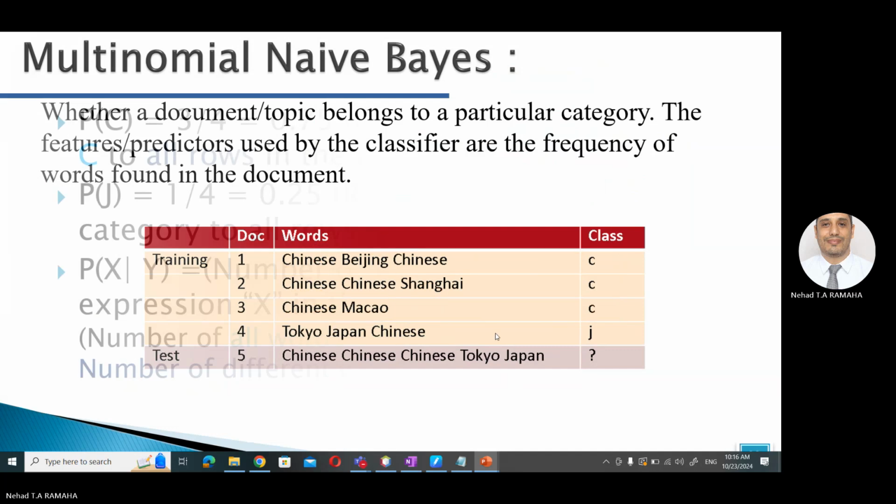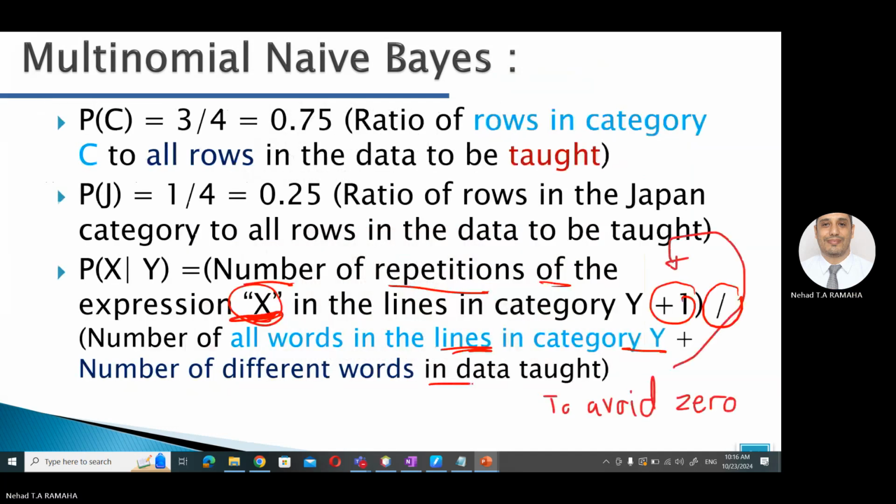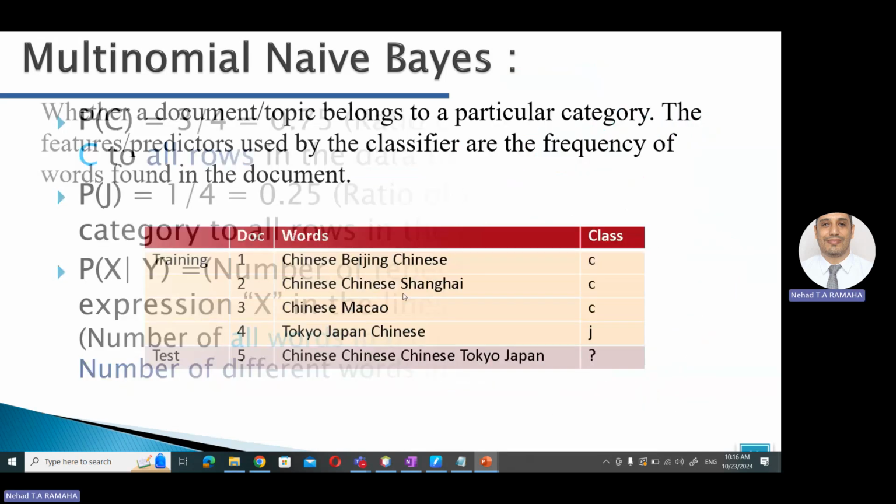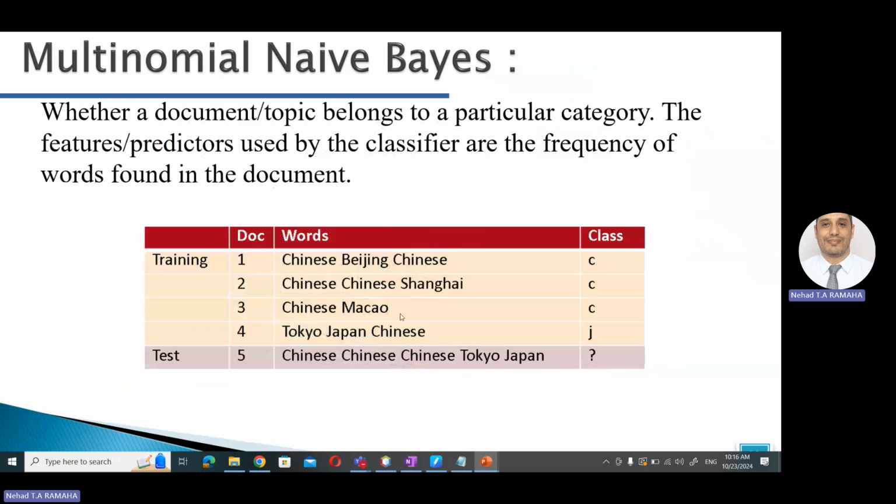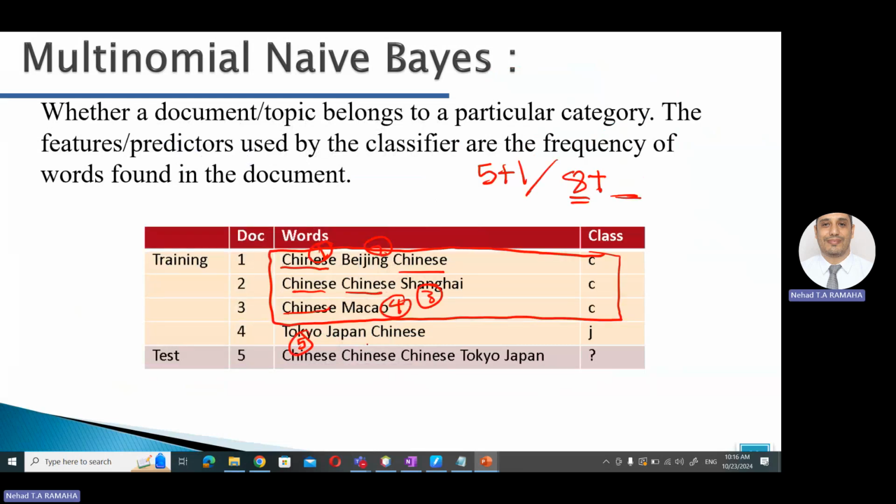Here, for what? In the data, in the whole training data. So continue, don't stop here. 4, 5, which is Tokyo, 6, which is Japan. So divided by 8 plus 6.